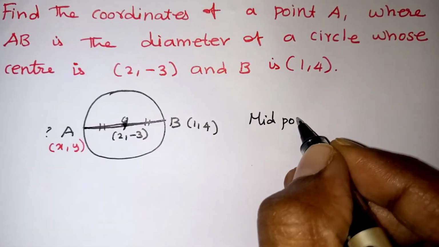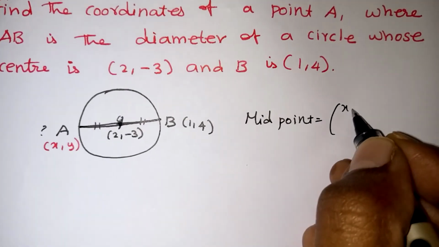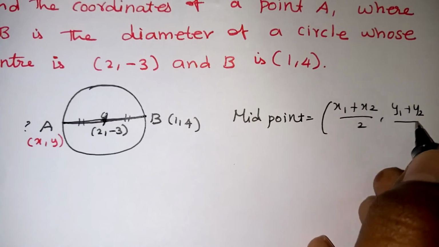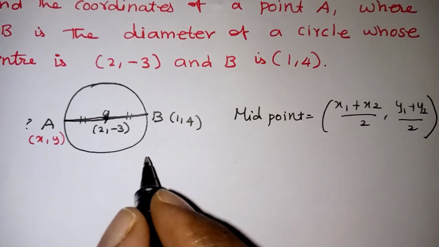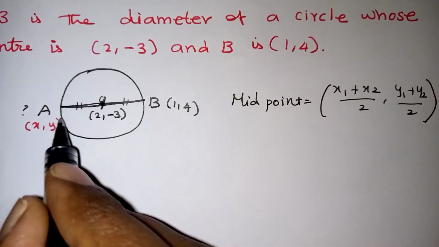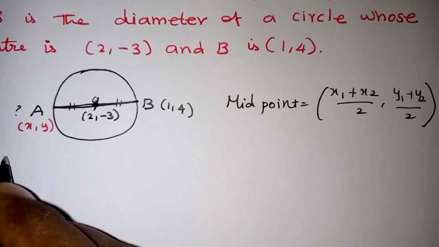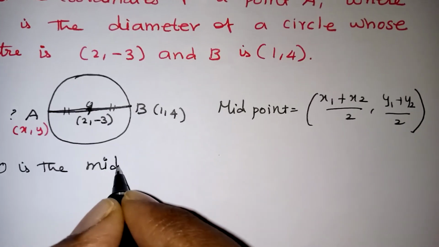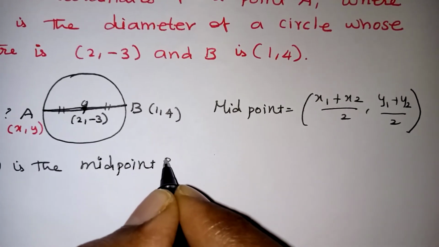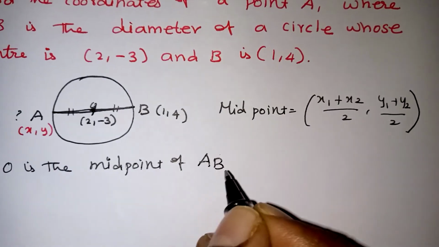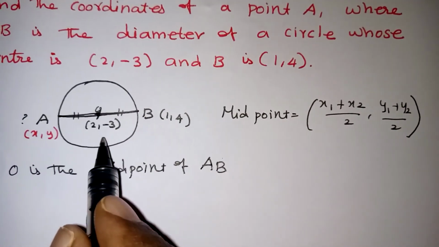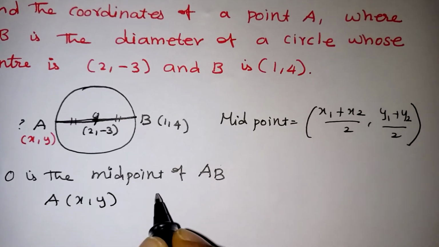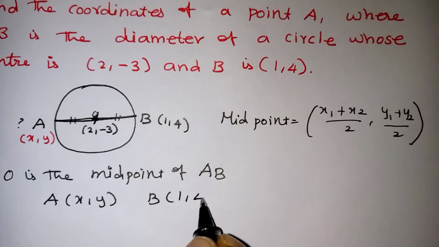So midpoint we have a formula, that is x1 plus x2 by 2, y1 plus y2 by 2. That midpoint value is given as 2, minus 3. For A and B, O is a midpoint. So we can write it. O is the midpoint of AB. So we have to apply the formula for AB, then we have to equate to 2, minus 3. So the A point we are going to take as x, y, and the B point is given as 1, 4.